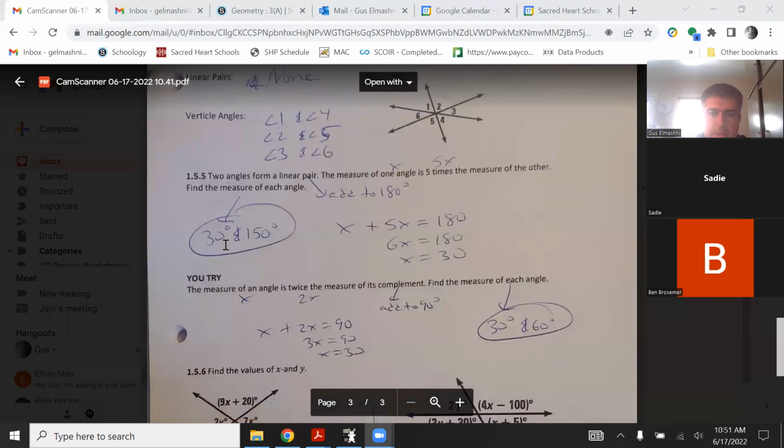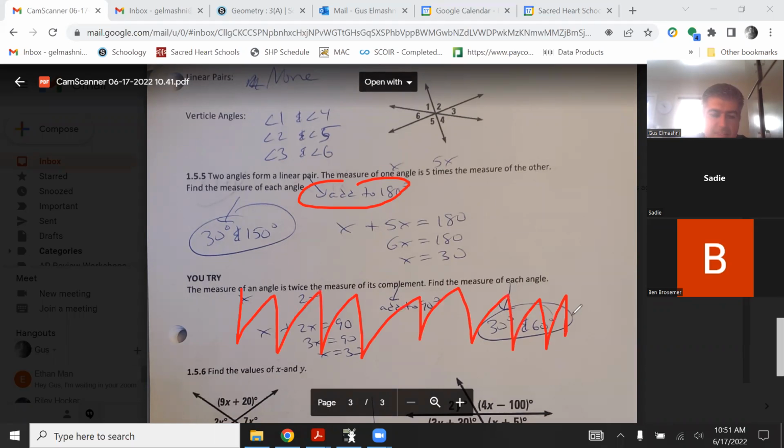Then here, again, it's more of the same stuff. If you have a linear pair, they add to 180. One angle is x and the other is 5x, so you just make an equation. Or if two angles are complements of each other, I messed this one up. I did this too quickly.